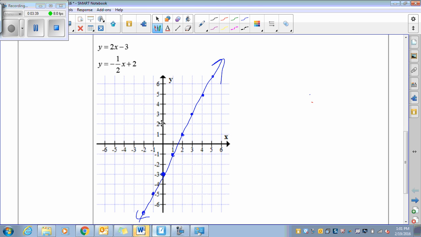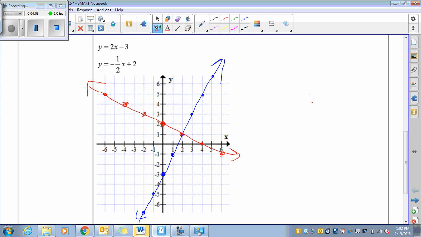So we have plus 2, and then we have a negative 1/2 slope. So down 1 over 2, down 1 over 2, down 1 over 2, up 1 over 2, up 1 over 2, and up 1 over 2. Here is our second equation.